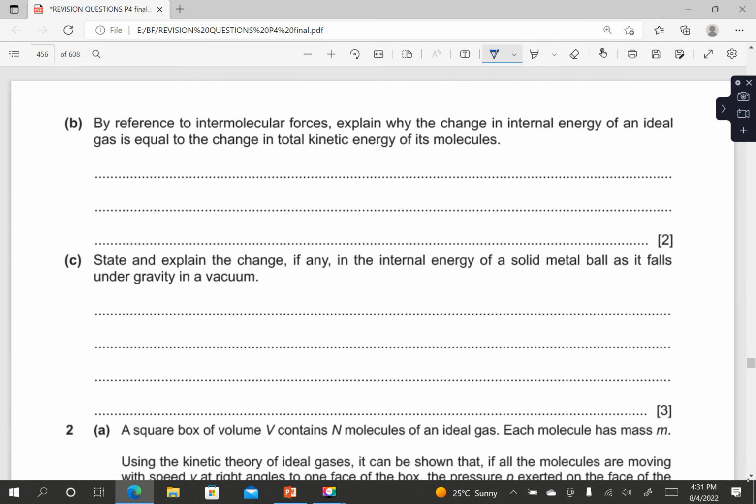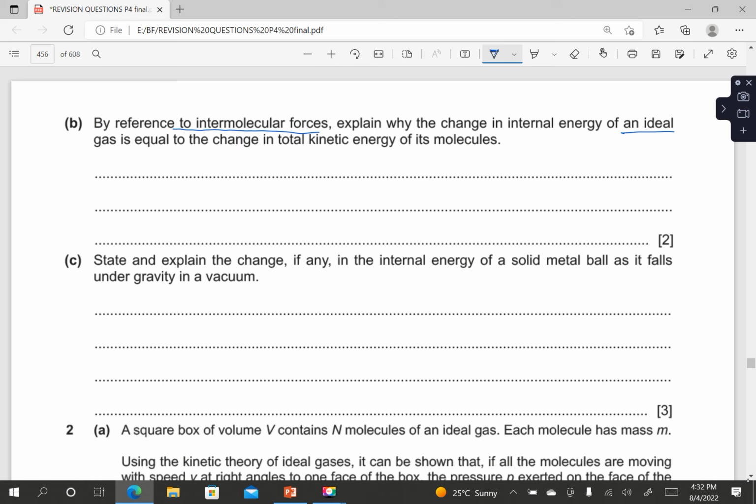By reference to intermolecular forces, explain why the change in internal energy of an ideal gas is equal to the change in total kinetic energy of its molecules. I think that is an easy question because they mentioned an ideal gas. We know that for an ideal gas, there are no intermolecular forces.